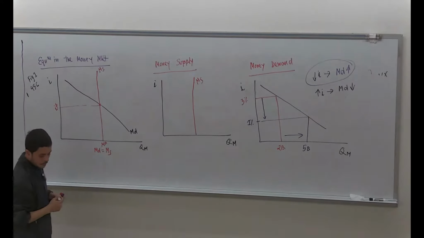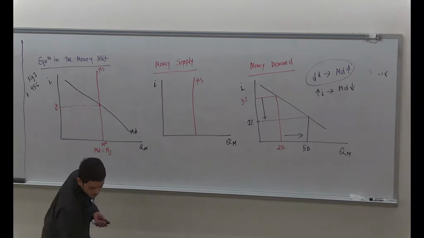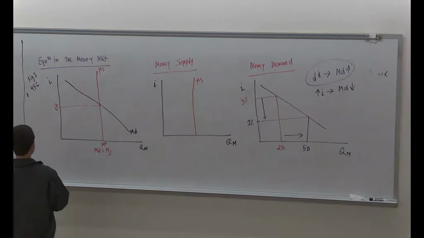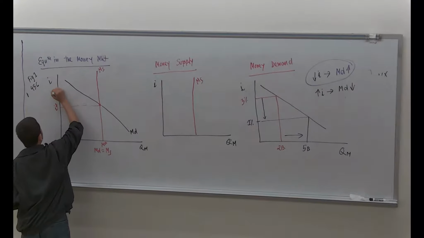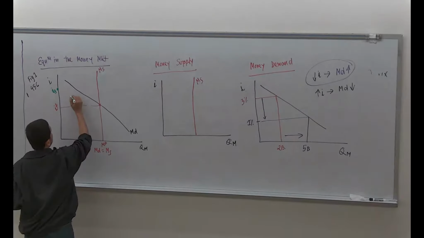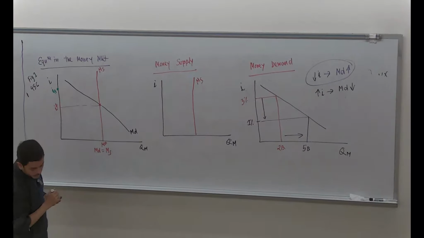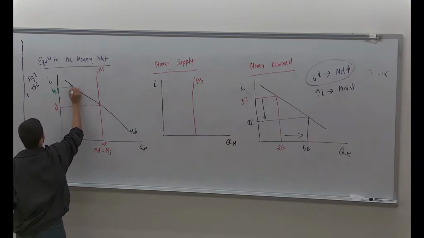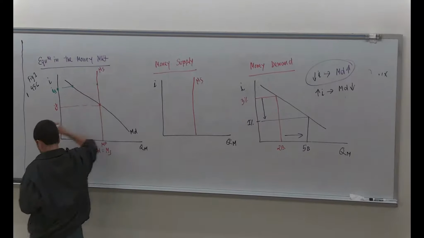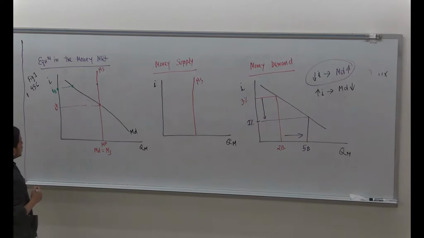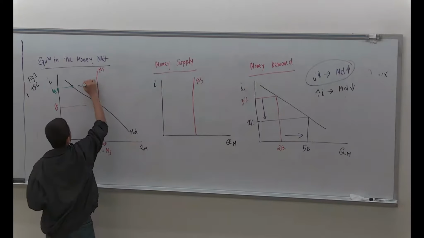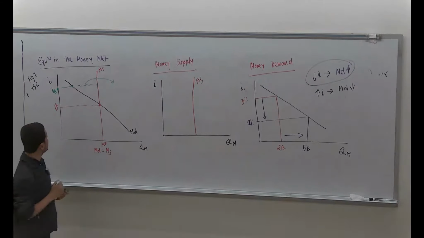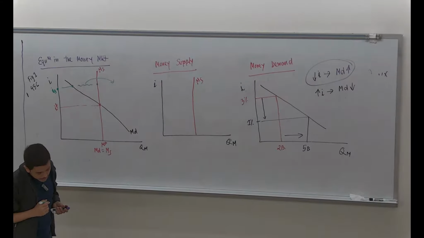Now let's pick another point, I1. At I1, the interest rate is high, and we see that money supply is greater than money demand.